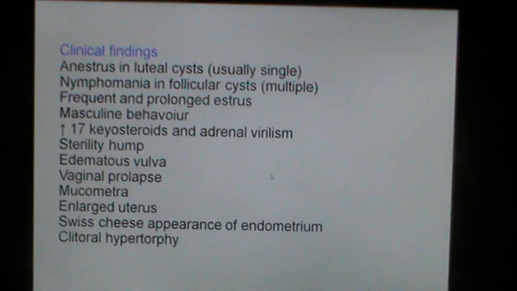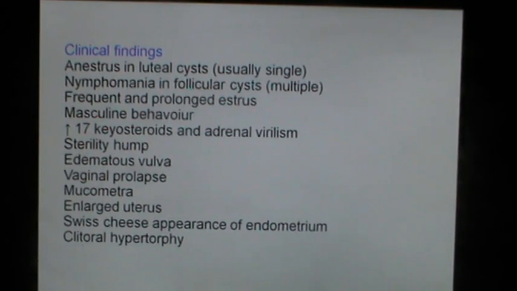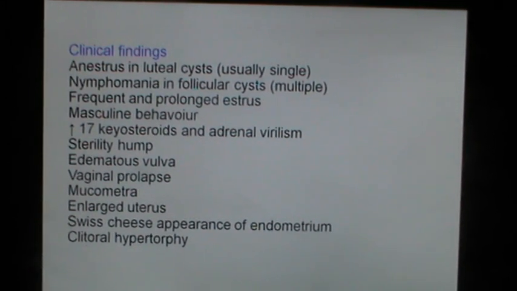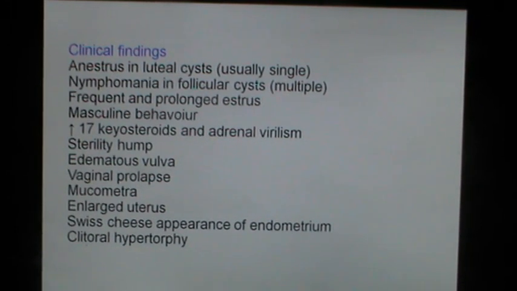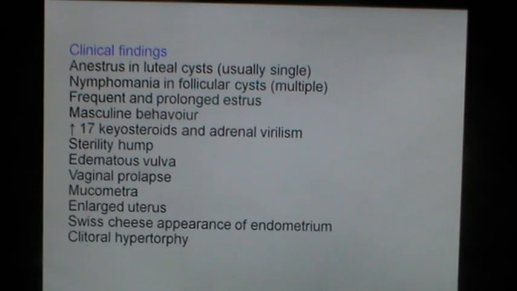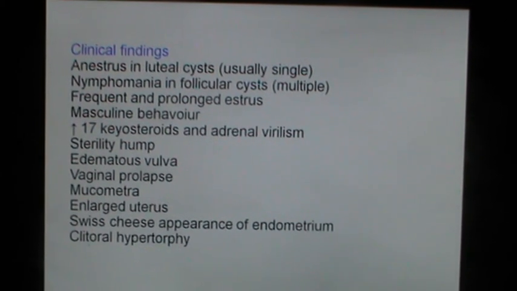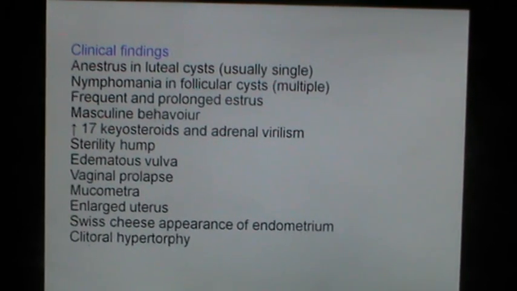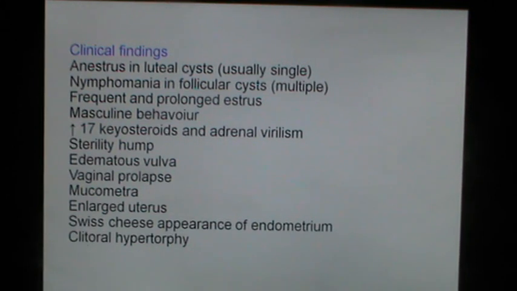The clinical findings with cows having ovarian cysts include anestrus, nymphomania in follicular cysts, frequent and prolonged estrus, masculine behavior, increased 17-ketosteroids and adrenal virilism, the formation of a sterility hump, edematous vulva, vaginal prolapse, mucometra, enlarged uterus, Swiss cheese appearance of the endometrium and clitoral hypertrophy.